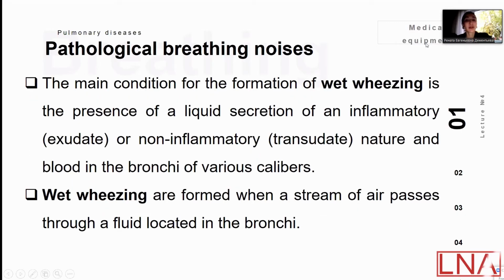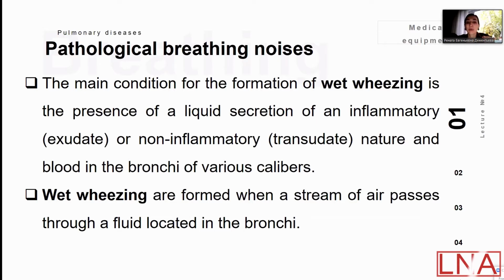About the formation of wet wheezing: the main condition is the presence of liquid secretion, of inflammatory exudate or non-inflammatory transudate nature, and blood in the bronchi of various calibers. The main important point is the presence of fluid; it doesn't matter which type, exudate or transudate.